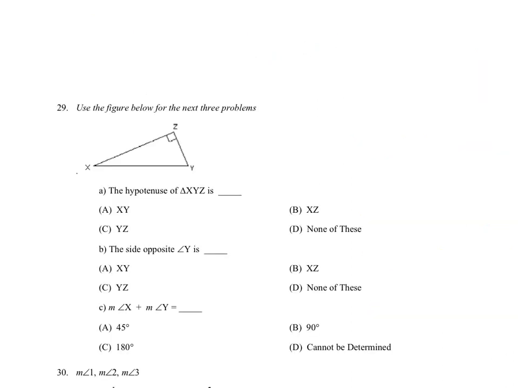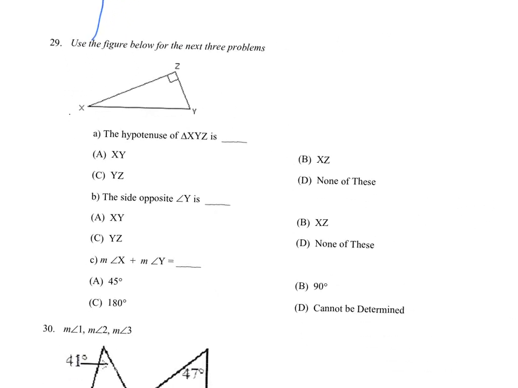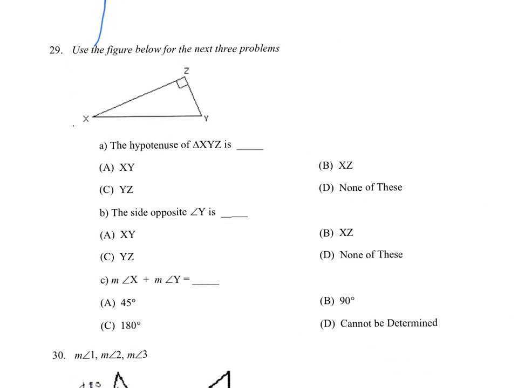Last page, we have to be able to identify the hypotenuse. The hypotenuse is opposite the right angle. This segment is opposite the right angle.